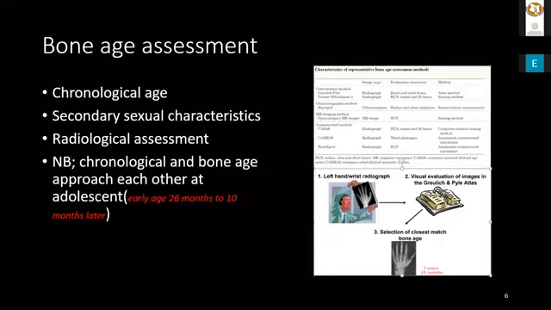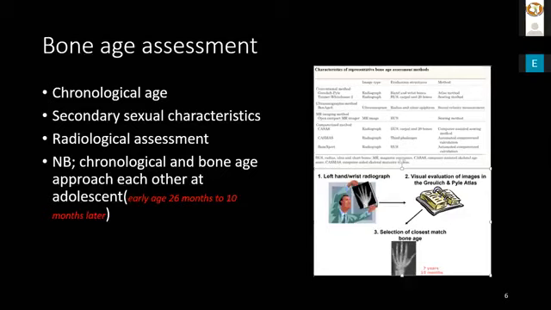Bone age assessment is also important in our children. Why? Because of the decisions you are going to make. And we use chronological age, secondary sexual characteristics, and the radiological assessment. The radiological assessment we commonly employ is Greulich and Pyle.